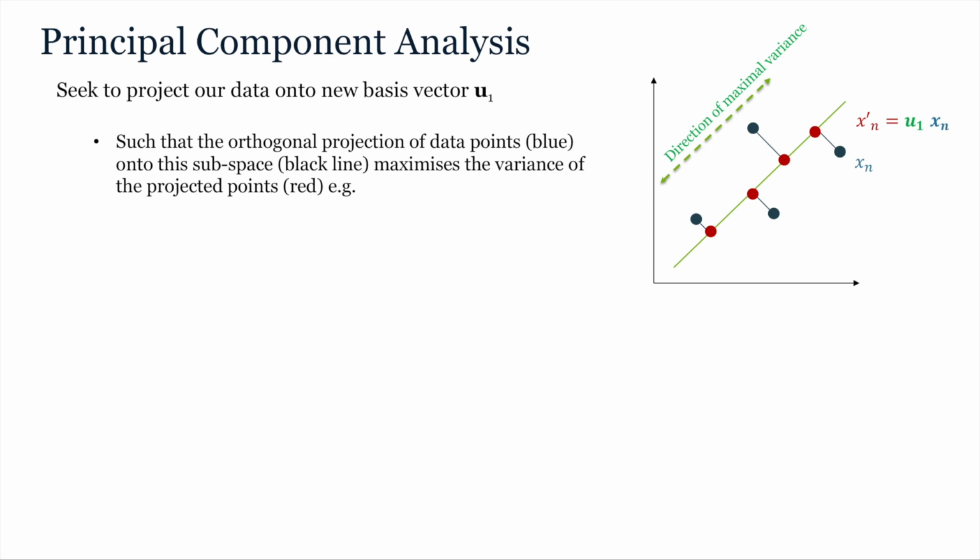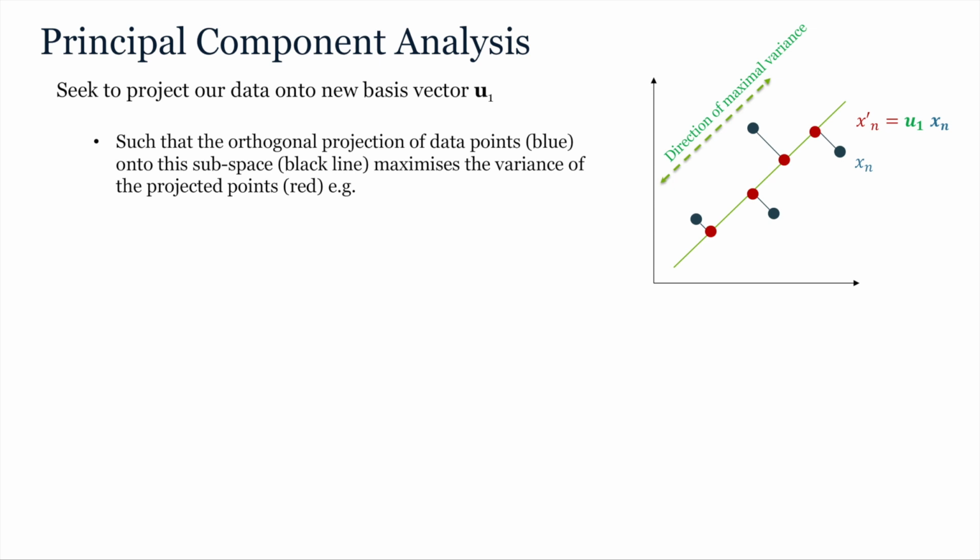So, rather than using the coordinate bases x and y, we want an intermediate direction U over which the data varies fastest. In other words, we're looking for a direction U1, which, when we project data onto it and subsequently estimate the variance along that sole direction, will return the biggest estimate of variance that we can achieve as compared to any other possible direction through the feature space that we choose.